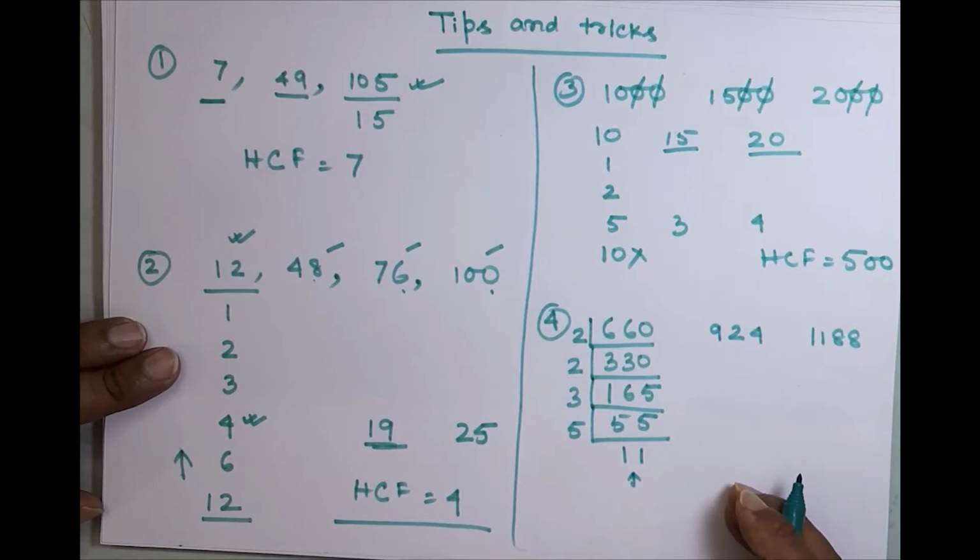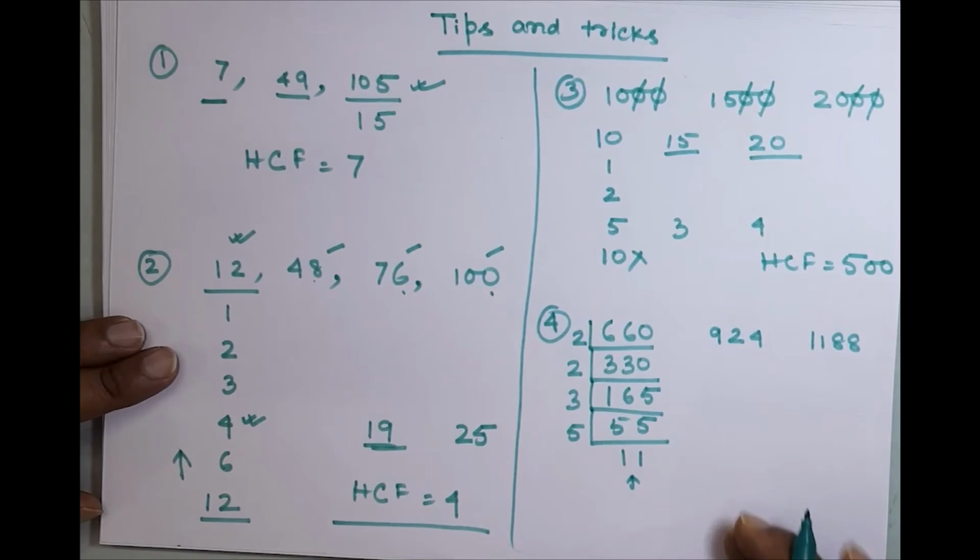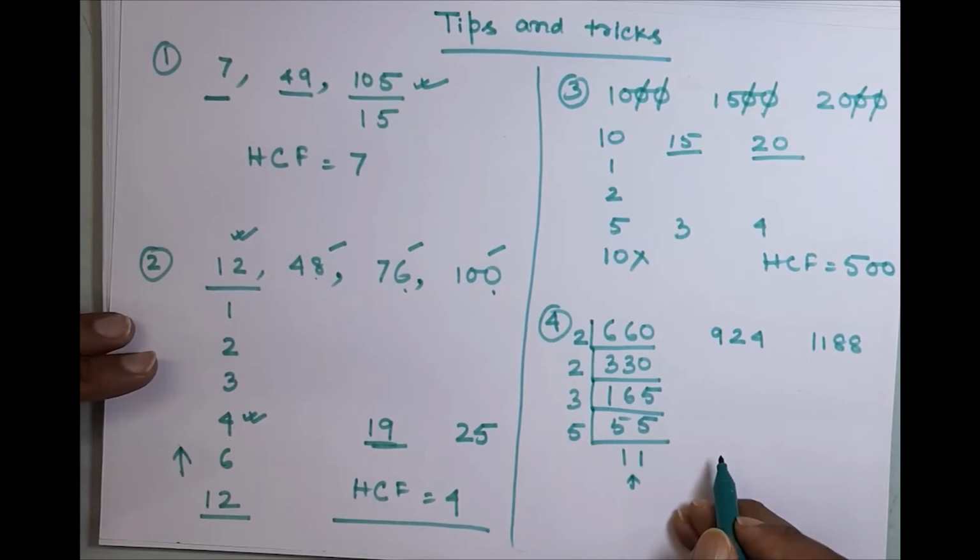And as you know, in the prime factorization method, we continue this division process till we get a prime number as our quotient. So here 11 is the prime number which cannot be further divided. So we'll stop our steps here.